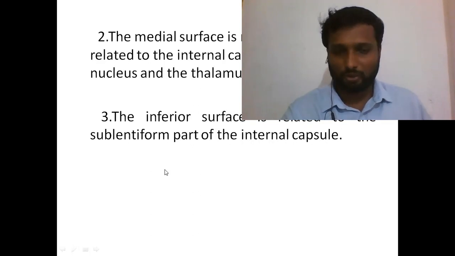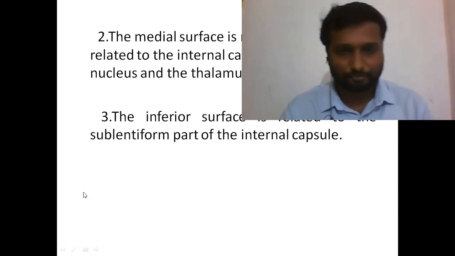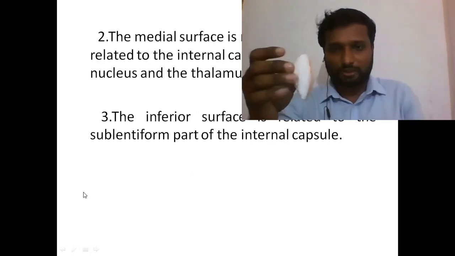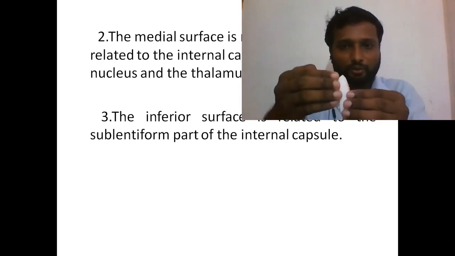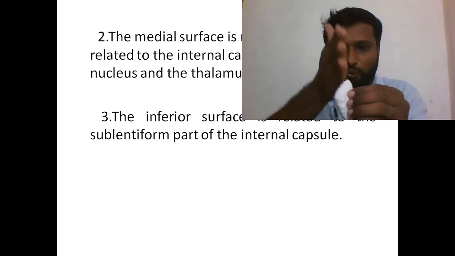It's a biconvex shaped nucleus with three surfaces. Now we can divide this lentiform nucleus into two parts, one lateral part and one medial part. We are cutting it into two pieces.